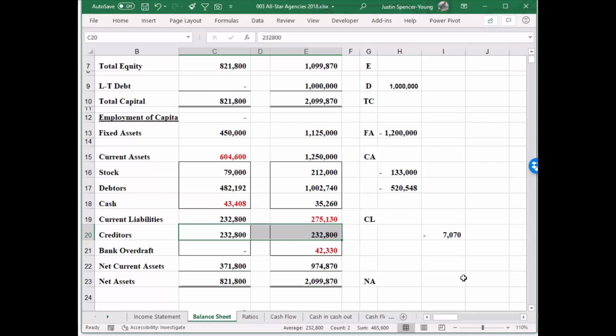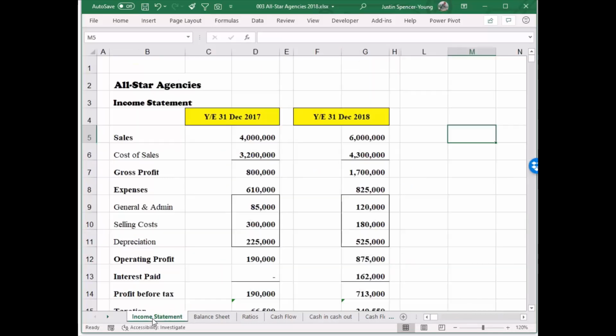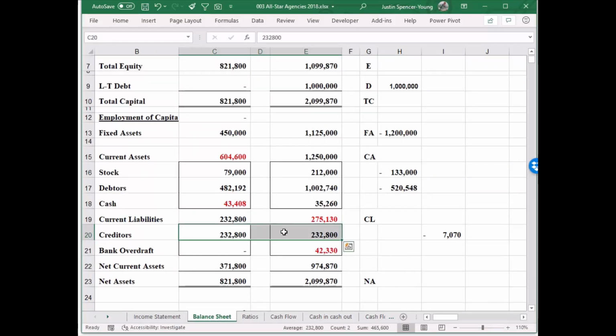Now ideally what I would like to happen is, because our cost of sales has gone up, remember this cost of sales, money we owe, money we pay to our suppliers, because that's gone up, I would have preferred that my creditors have gone up. If I'm buying more from my suppliers, I might owe them more.